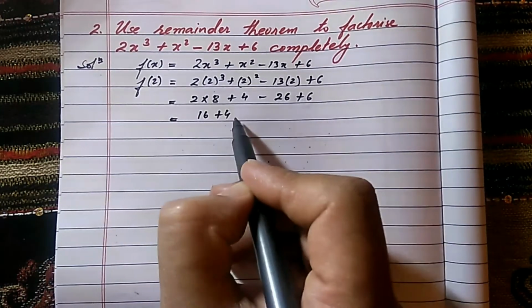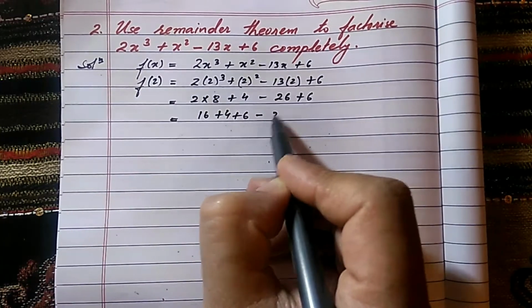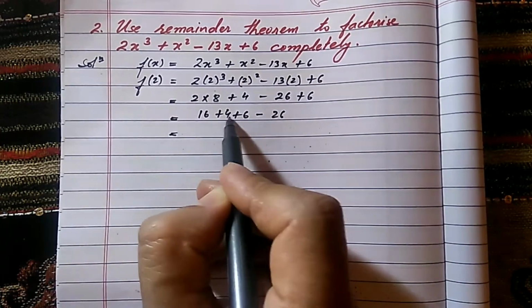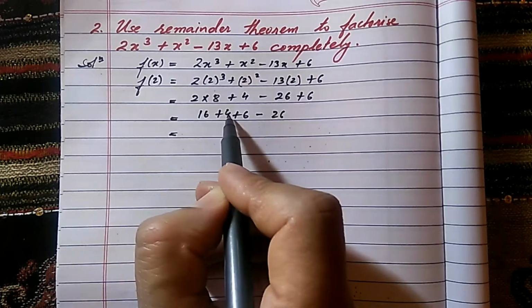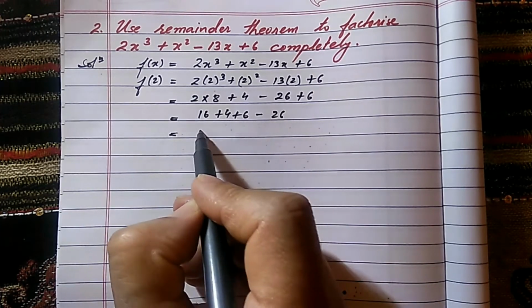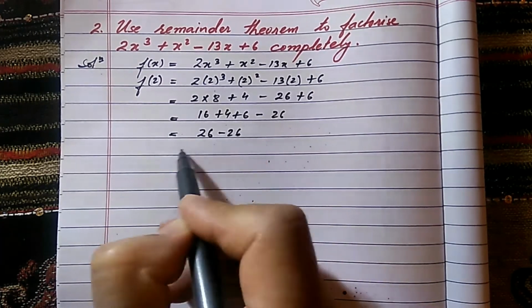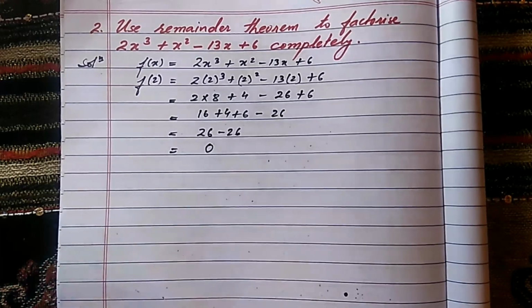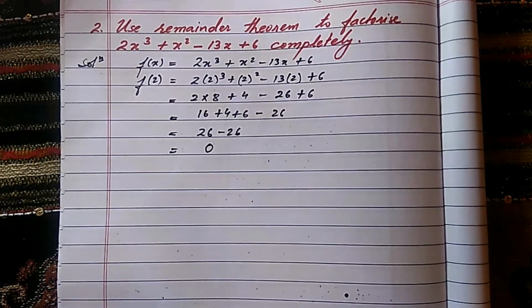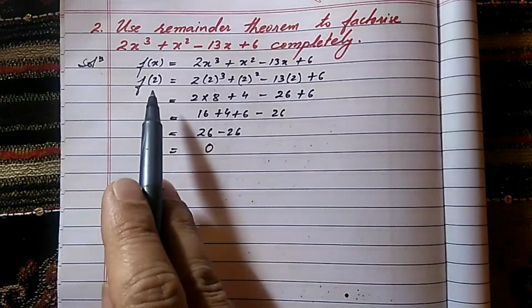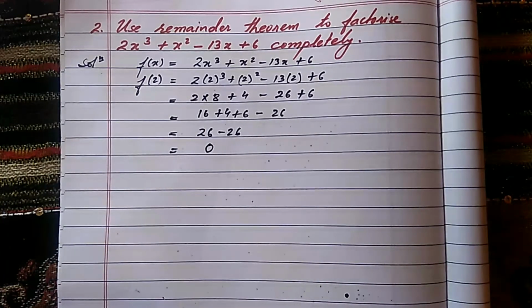Let me bring this plus 6 here and write minus 26 here. When we add, 16 plus 4 is 20, 20 plus 6 is 26, minus 26. The answer is 0. So for the value of x equals 2, f(x) gives us a value 0.